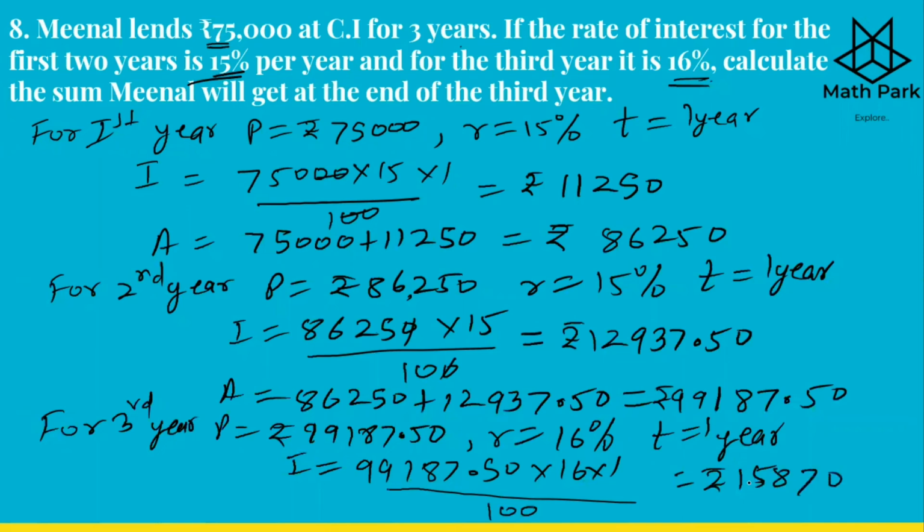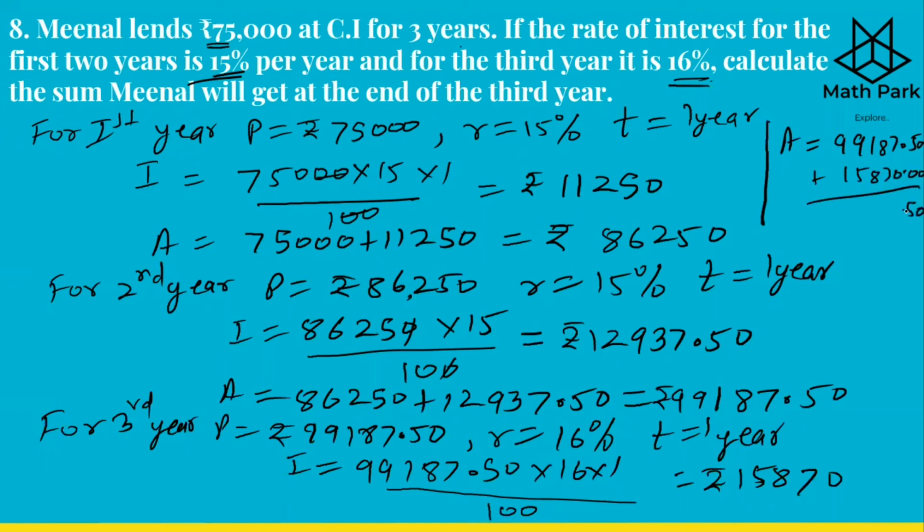Okay. And then you are asked to find the money that she will get at the end of third year. So at the end of third year, the amount that she gets is principal plus interest, which is 99,187.50 plus 15,870.00.